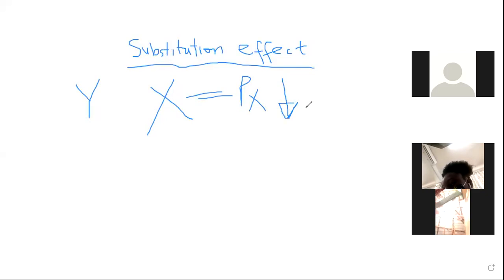Now with PX falling, X becomes cheaper to the consumer relative to Y. So what the consumer naturally would do is to replace the expensive commodity with a cheaper one, right?